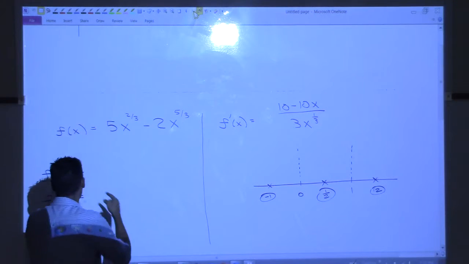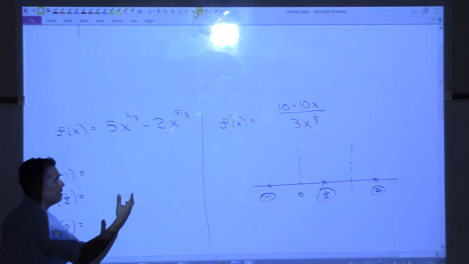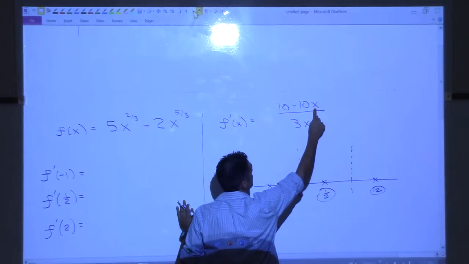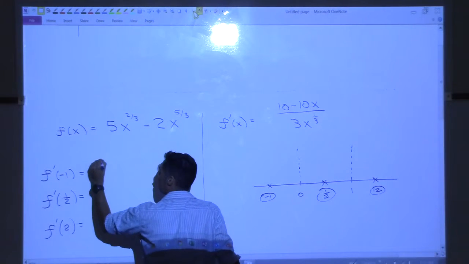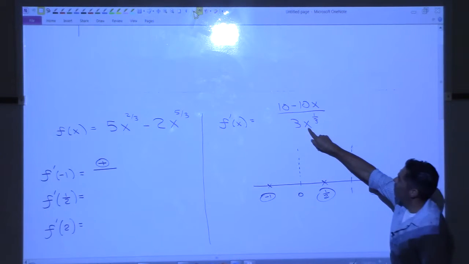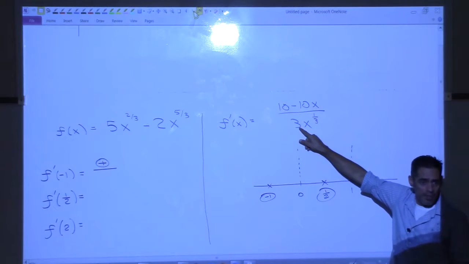So you can actually plug these numbers in and get a numerical answer, or you can just think through it. If I plug in -1 right there, that's going to become 10 plus 10, isn't it? So the top is going to be positive, and I'm dividing that by, what happens if I plug in -1 right here? What's the cube root of -1? Still -1, then times 3, it's going to be negative.